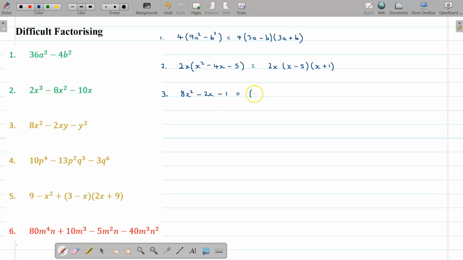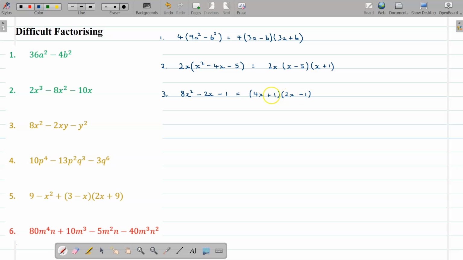To get the minus 2 in the middle, it's going to have to come from brackets that begin with 4x and 2x. The minus 1 can only come from minus 1 and plus 1. So which is which? Well, we need to have a minus 2x, so the minus 1 has to multiply with the 4x, and then the plus 1 has to multiply with the 2x.